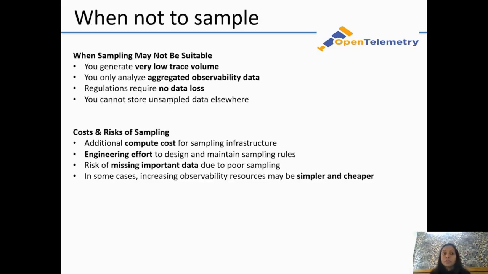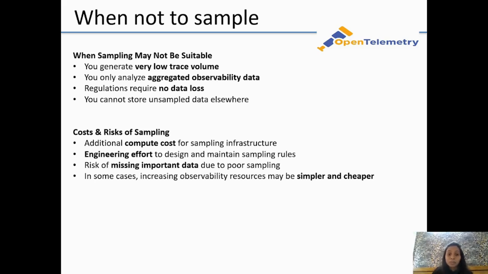Now there are some points we also need to consider about when we should not sample. Sampling should be avoided when you generate a very low trace volume, you only analyze aggregated observability data, regulation requires no data loss, or you cannot store unsampled data elsewhere. These are the situations where it is not suitable, and we also need to consider the cost and risk of sampling.